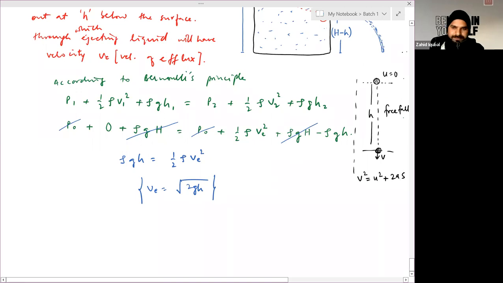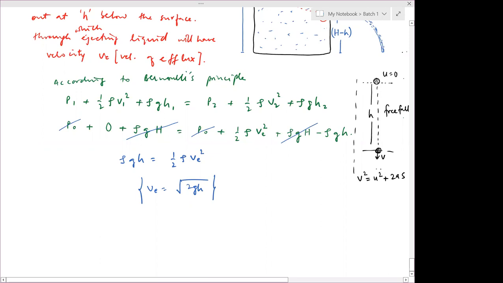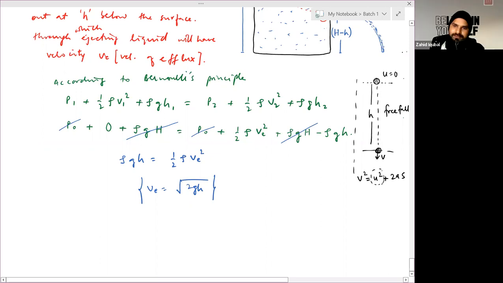Khalid, is it clear? Yes, sir. So u in this case is 0, a will be gravity and s will be h. So v using this equation will be root under 2gh.